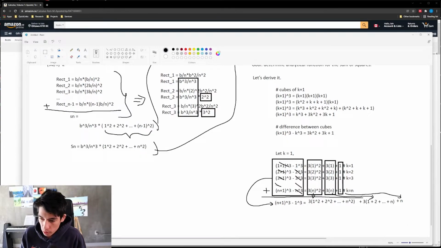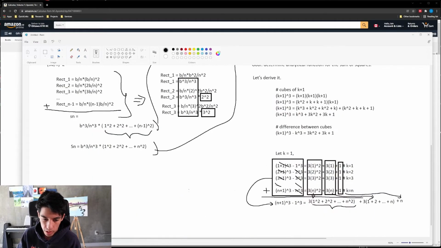So we're at a point now where we have summed the difference of cubes. We have the quantity that this equals on the right side. But if we look carefully at it, we can notice that there is the sum of squares here. And so if we rearrange this equation and isolate for this term, we will have an equation that tells us how to calculate the sum of squares.